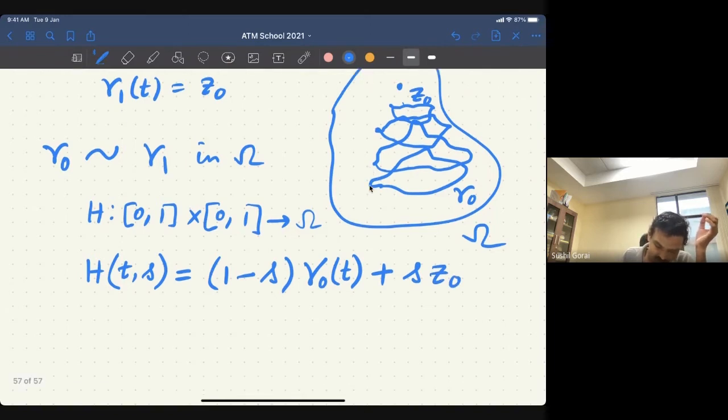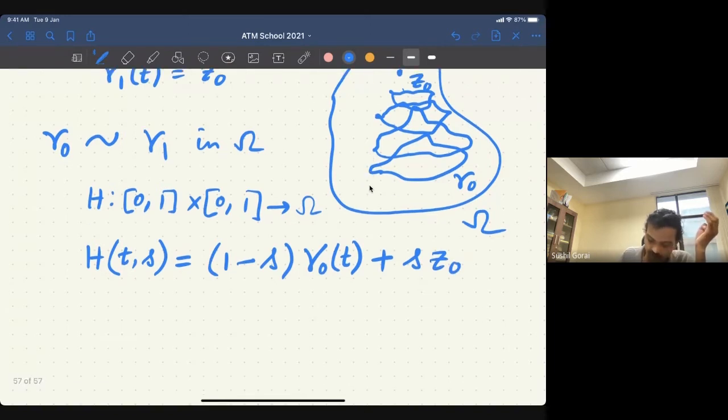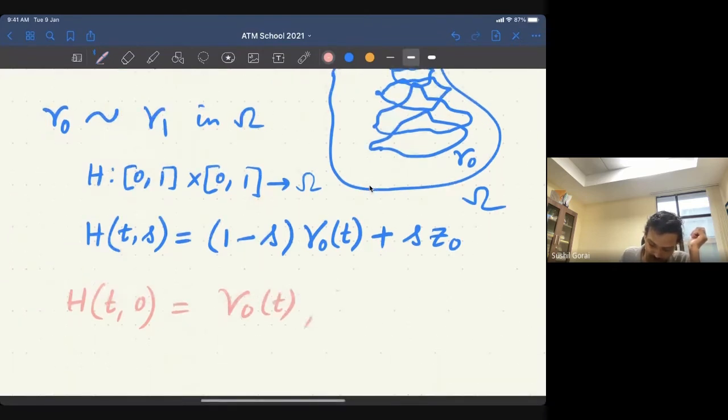So you see here, this is a continuous map because gamma naught is continuous and it's a polynomial in s. So here, if you write t comma s equal to 0, what you get is gamma 0 t. H of t comma 1, if you put 1 here, this part vanishes.